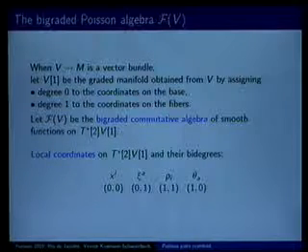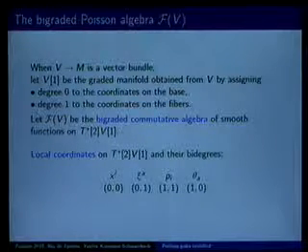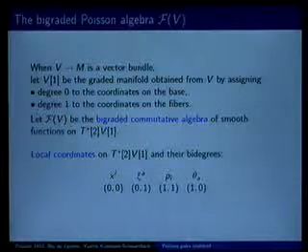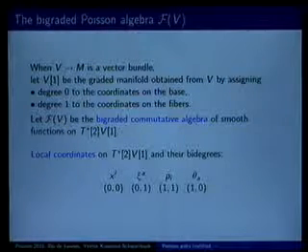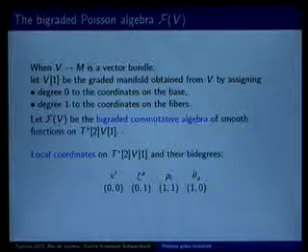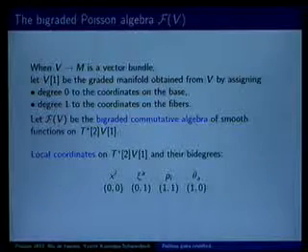What basic tools do I need? Well, I need the bigraded Poisson algebra, which is denoted here by F(V). So what is it? We have a vector bundle V over a manifold M. Everything is smooth.